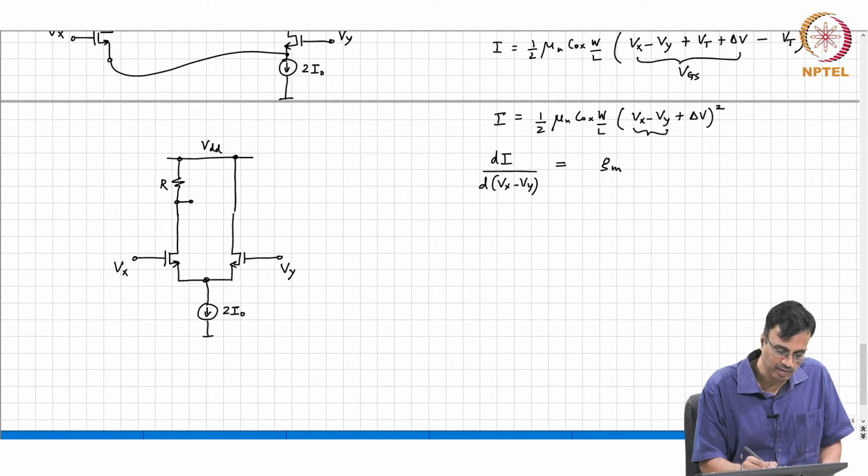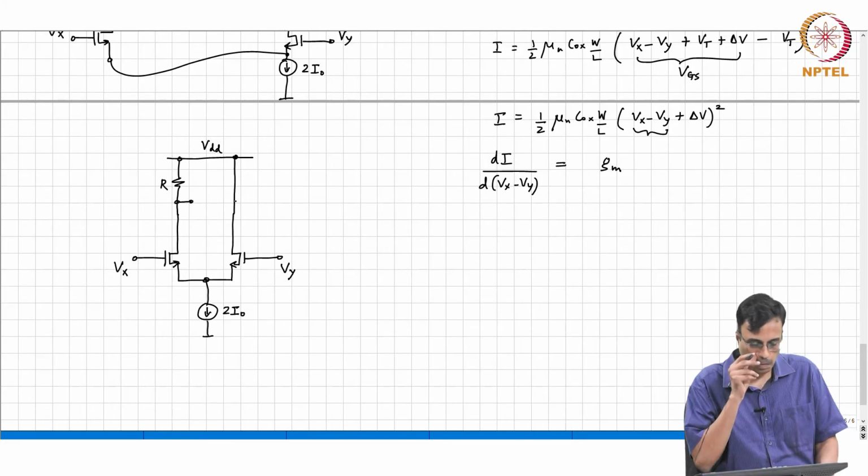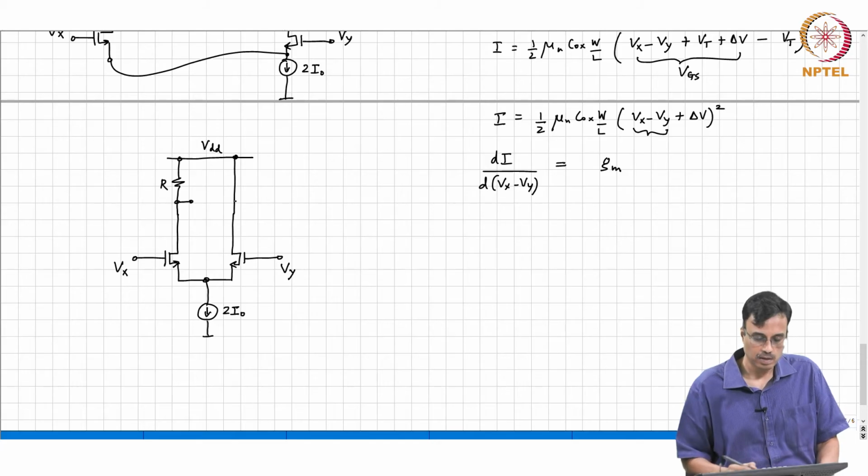If Vx minus Vy is very small, there is some Gm times R, negative Gm times R, right. If you want positive Gm times R, what will you do? Yeah.